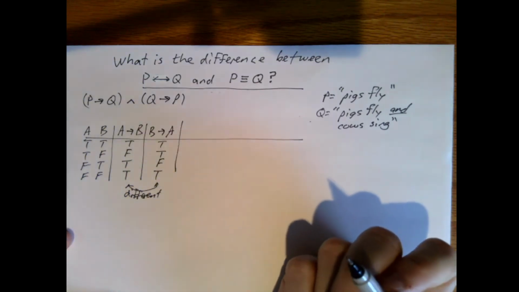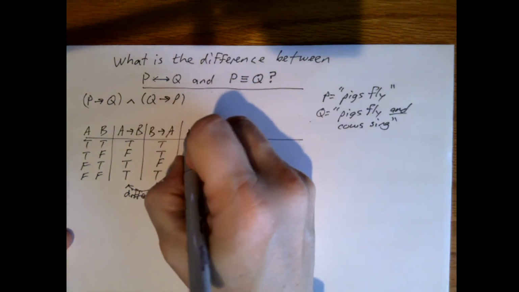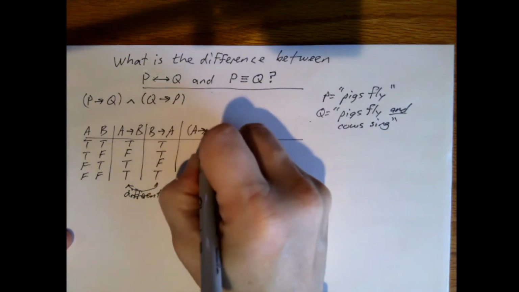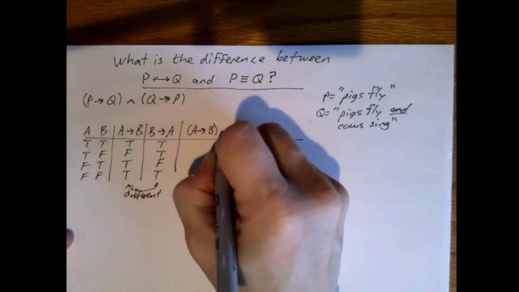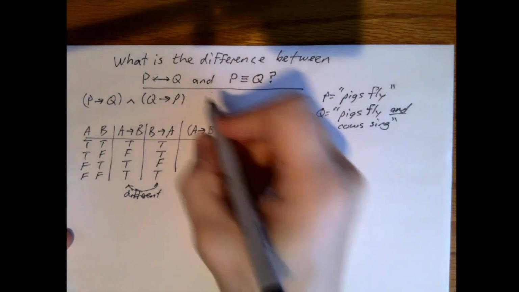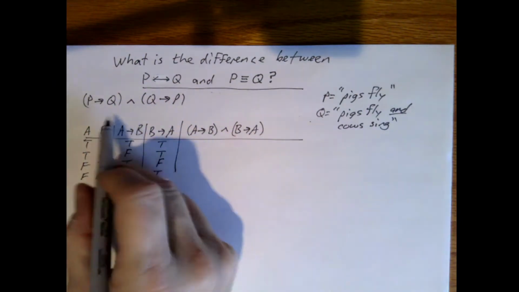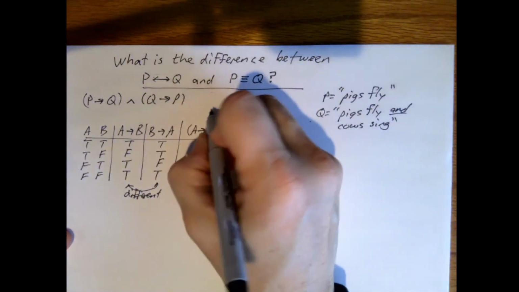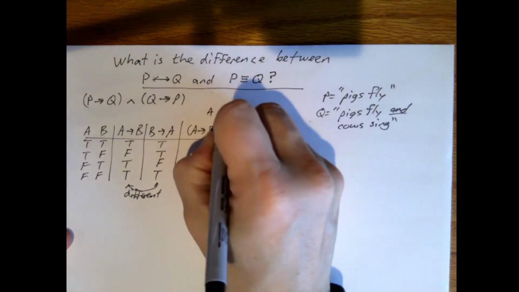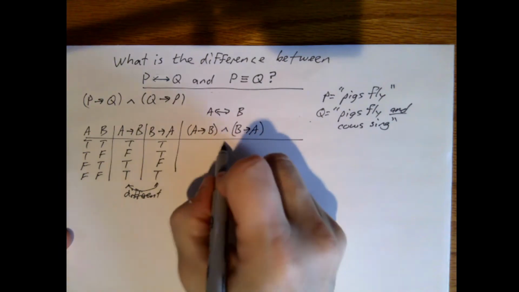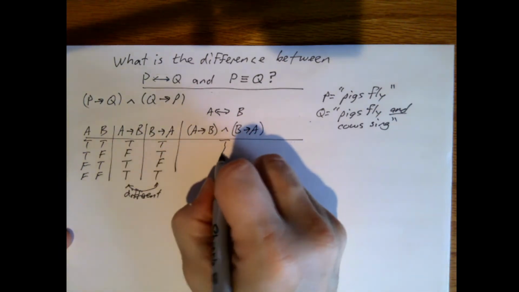Okay? And so now when I write A implies B and B implies A, which is really just writing the biconditional here between A and B, this is just the equivalent of this. True and true is true. False and true is false.